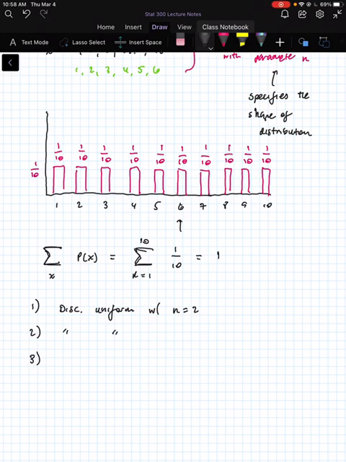The second example, rolling a die, has n equals 6, and the last one is a discrete uniform distribution that we have graphed up here with n equals 10. And so that also tells us automatically the probability mass function: 1/2, 1/6, and 1/10.